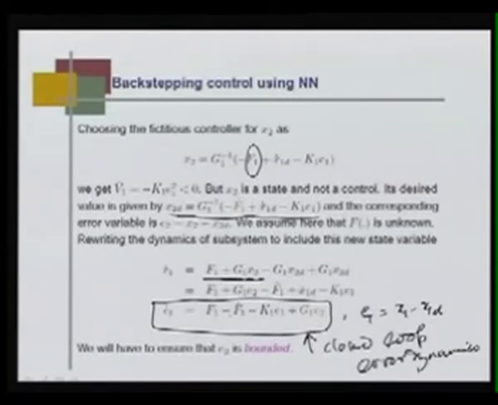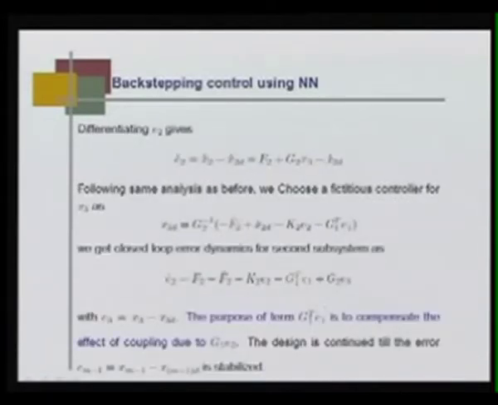Which is f1 minus f1 hat minus k1 e1 plus g1 e2. So, differentiating e2 gives e2 dot is x2 dot minus x2d dot, which is f2 plus g2 x3 minus x2d dot.